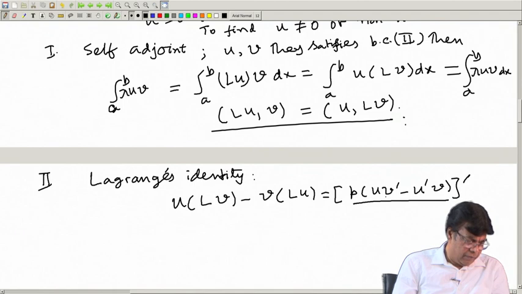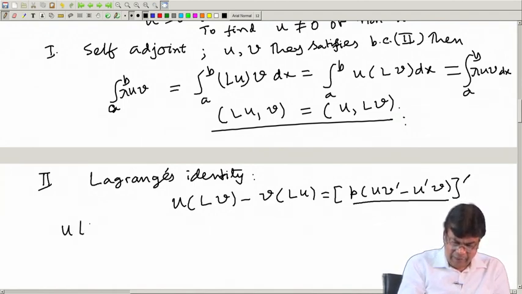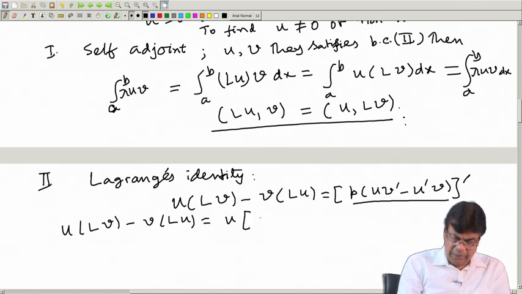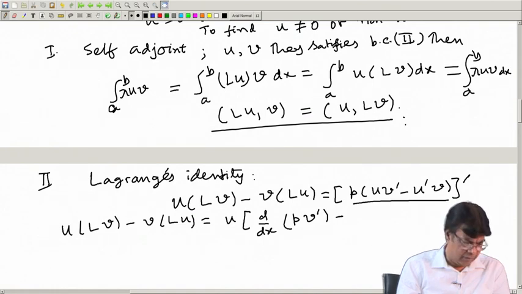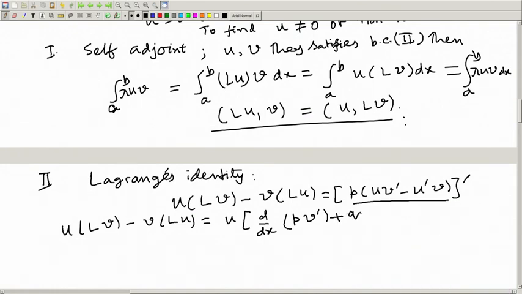Now what we get from here is uLv minus vLu equal to u times minus d/dx of (p v') plus q v.